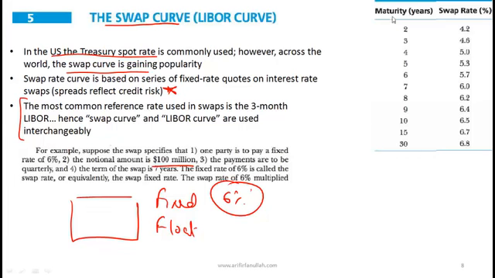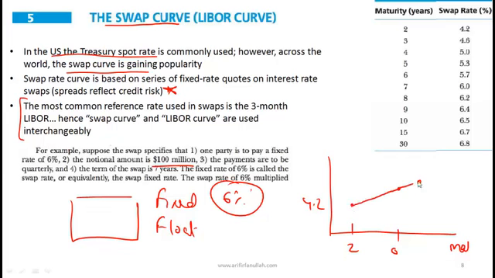If we take an example from the curriculum with different maturities, take the 2-year maturity, what's the swap rate? It's 4.2. Then the 6-year swap rate is 5.7. For the 7-year it is 6.